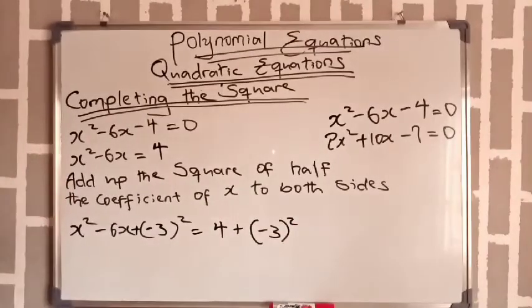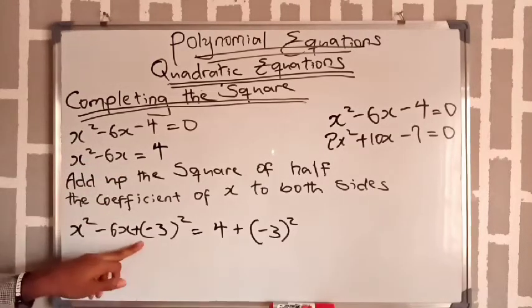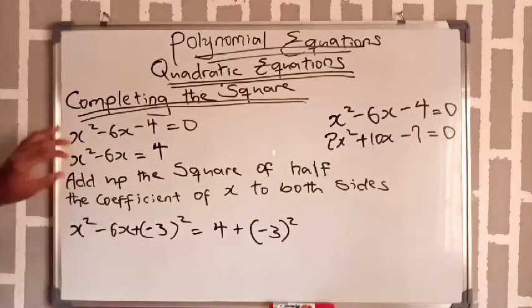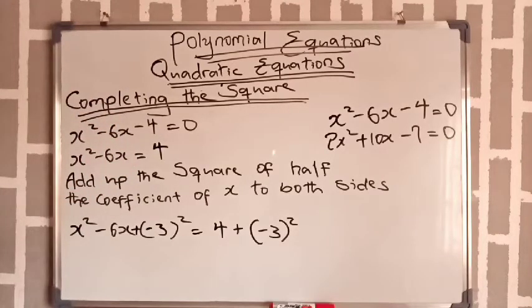You have to watch well, I'm working with the sign. For example, if it was a positive sign here, you wouldn't need to put anything in the bracket, you'd just put plus. But it's a negative sign, so you divide by 2, square it up and add it to both sides. That's where the work is.